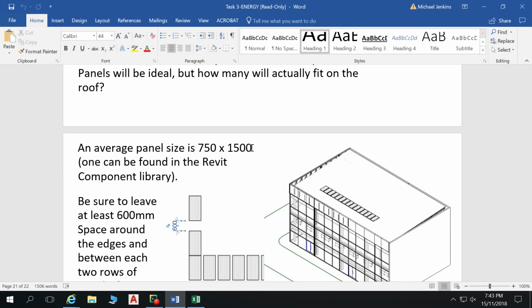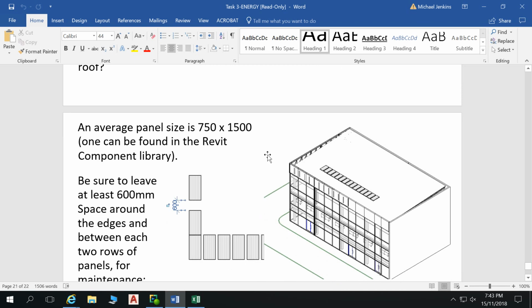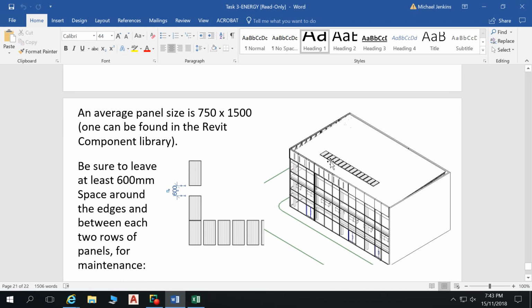Like anything, we're talking about increments of either 150 millimeters or 300 millimeters. So 5 lots of 300 millimeters is 1500, and then our panels are half that in the other direction. That enables you to lay panels out in all sorts of fashions and still produce a fairly neat grid.